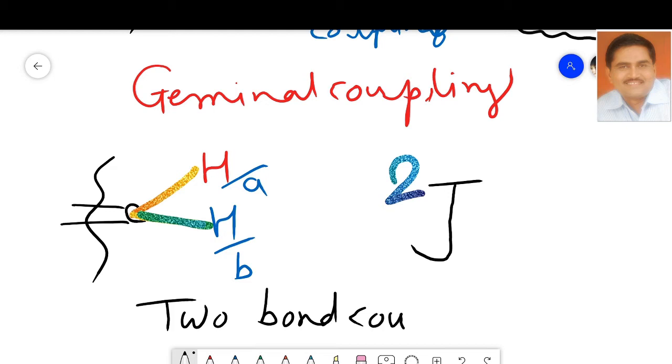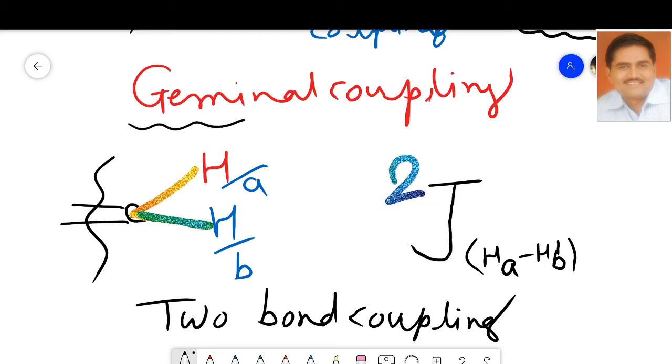Here the coupling between HA and HB is geminal coupling. And this geminal coupling is rarely observed in the compound.